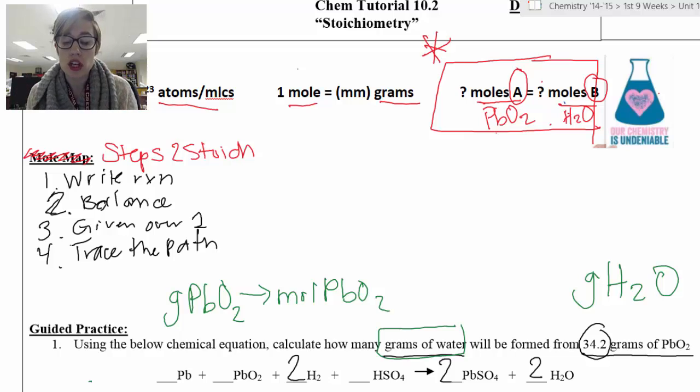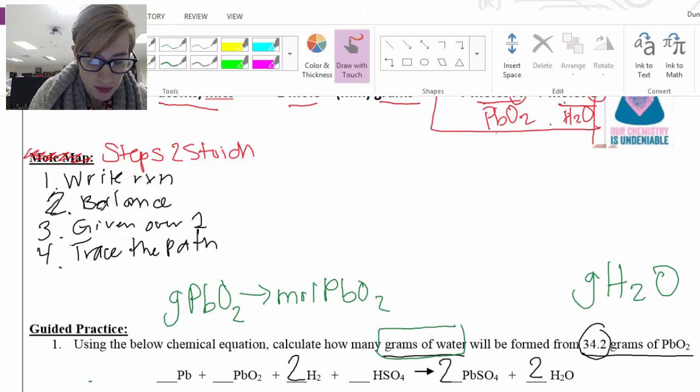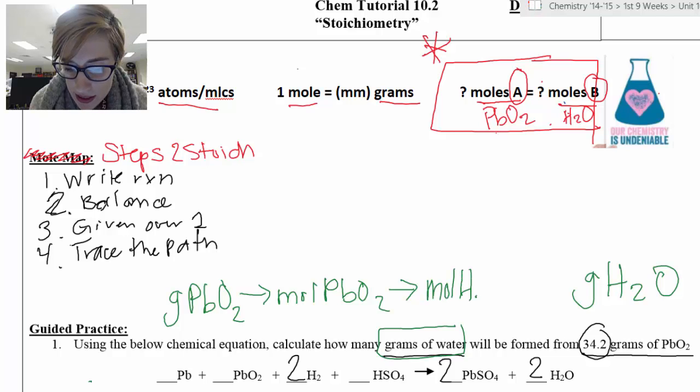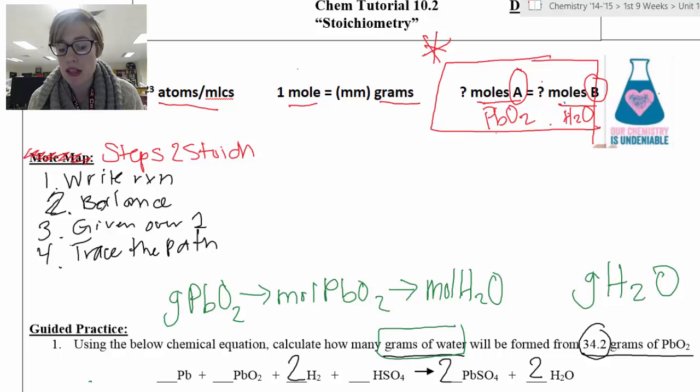So I will use this conversion factor to go from moles of one thing to moles of something else. I need to go from moles of PbO2 to moles of water. That'll be my second step. Now my last step is just to go from moles of water to grams of water.